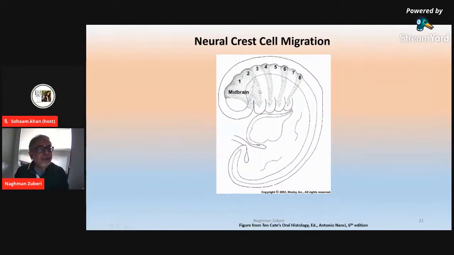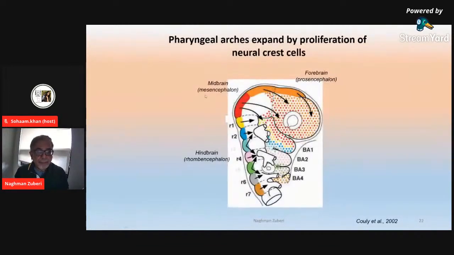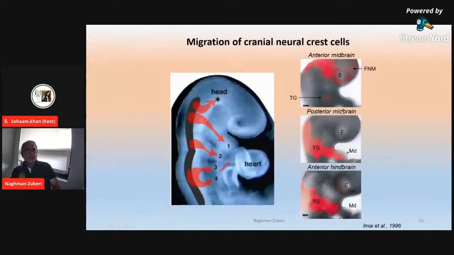Now the neural crest cells start migrating. The midbrain, hindbrain, and the forebrain. Here you can see migration of the cranial neural crest cells. This is the anterior midbrain, posterior midbrain, and the anterior hindbrain, the reddish in color.